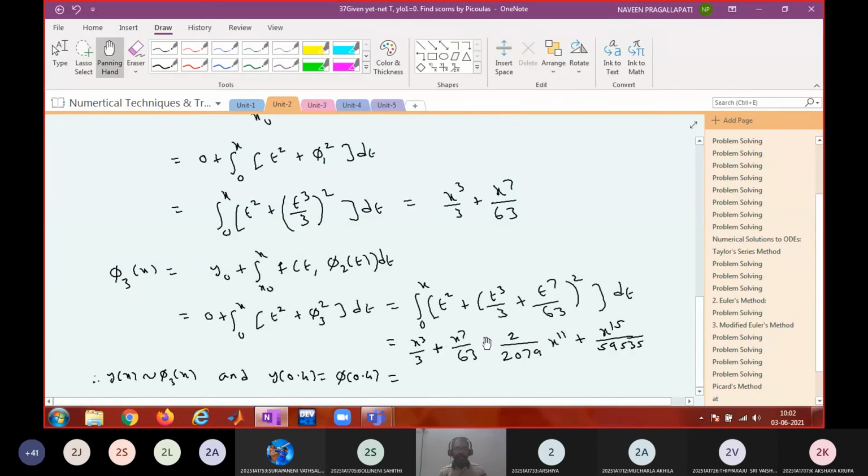Substitute 0.4 in this expression and tell me the simplified value. Round off to 4 decimals.